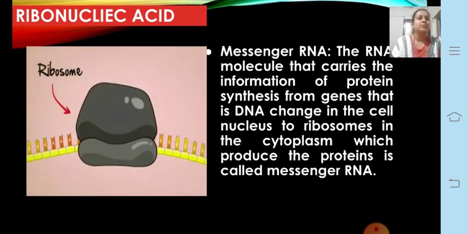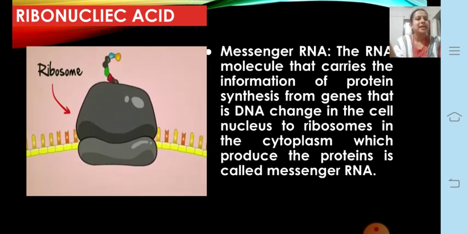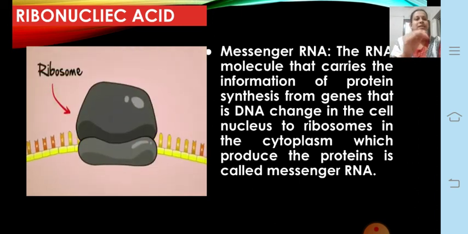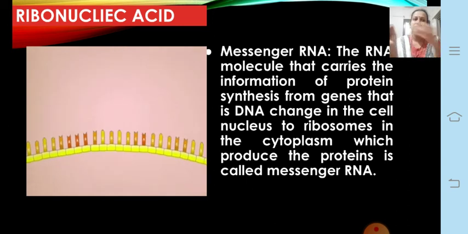So where is protein synthesis taking place? Protein synthesis takes place in the cytoplasm. But where does it start from? From the nucleus, to ribosomes in the cytoplasm. The ribosomes are present only in the cytoplasm, and DNA is present in the nucleus. So in between what is there?